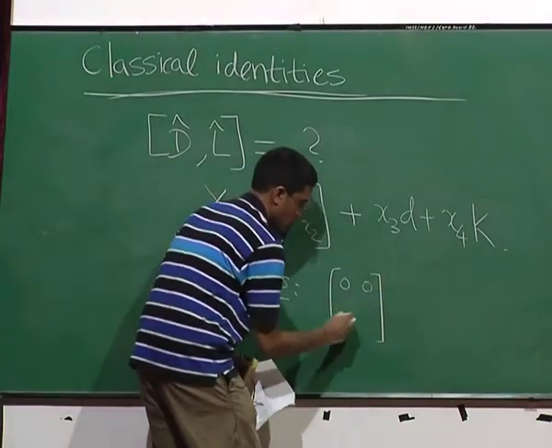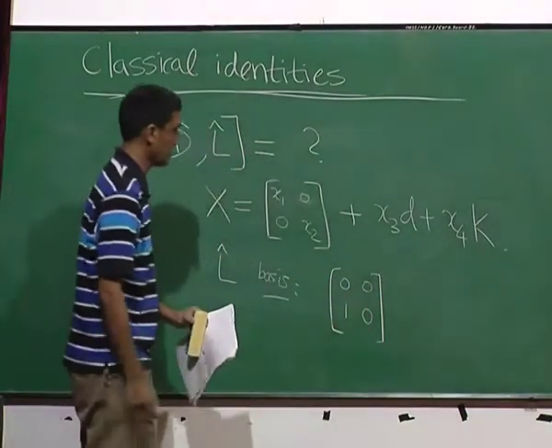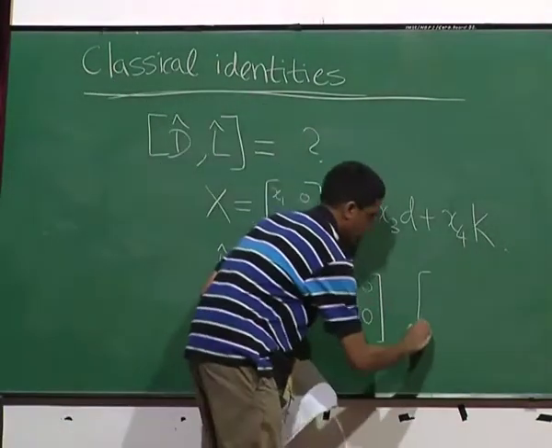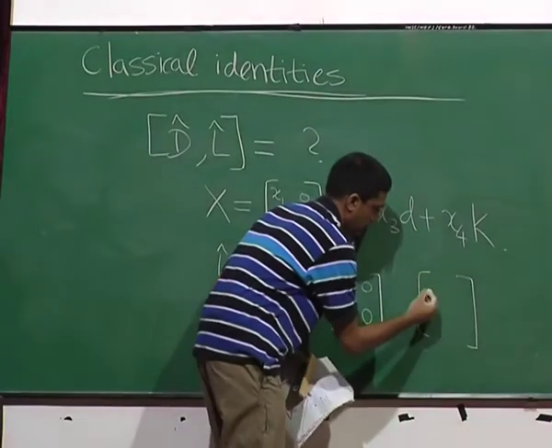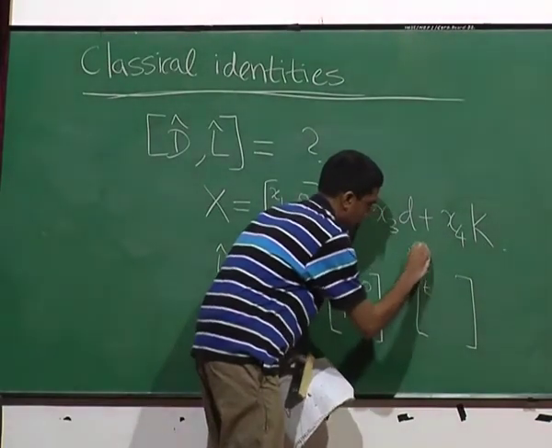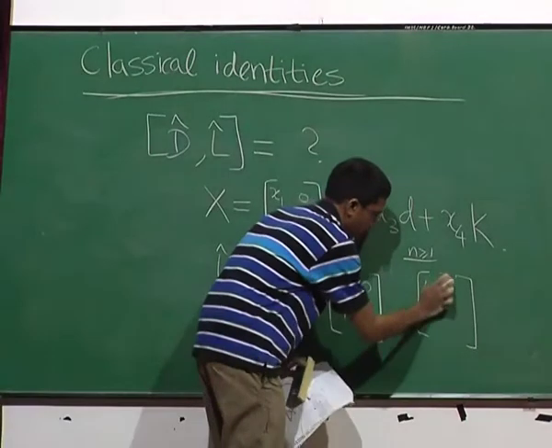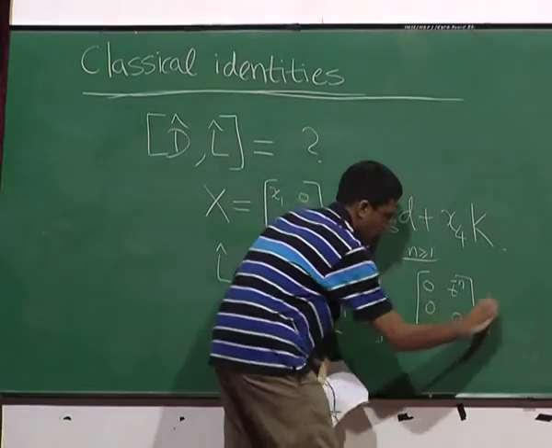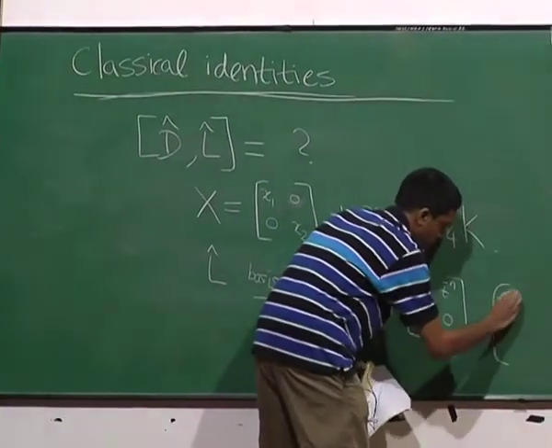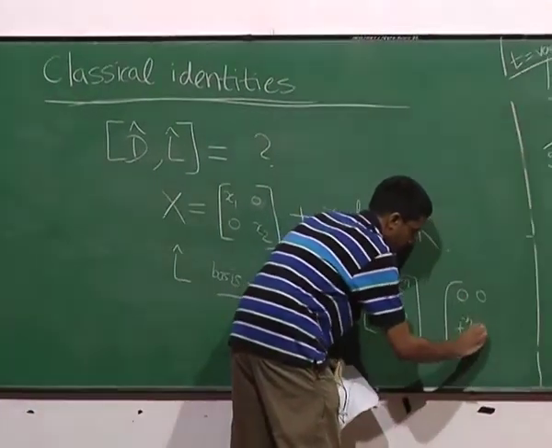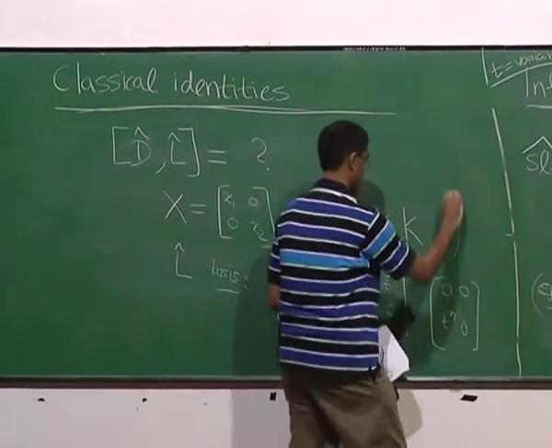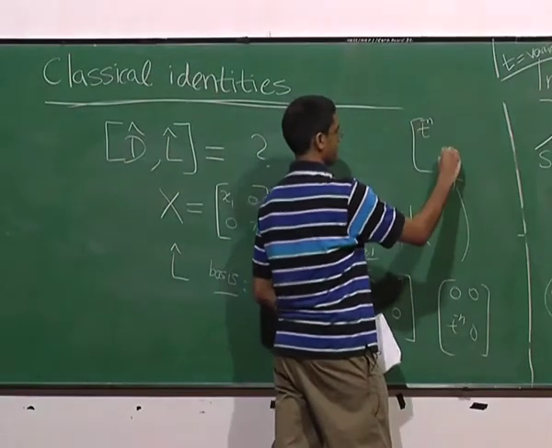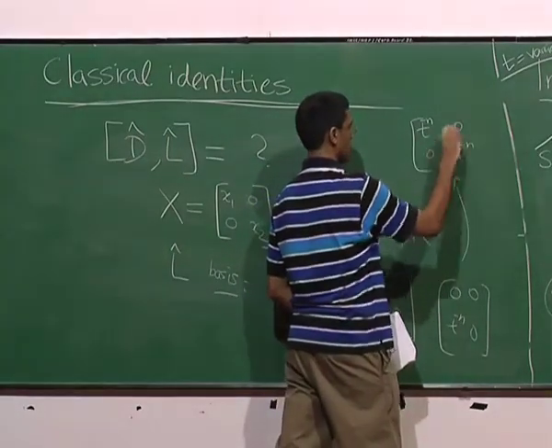You can choose 0, 0, 1, 0. That will give you a basis for the L portion, and then for L hat, you're only allowing negative powers of T. So you take any number n at least 1, and you look at, for example, 0, T to the n, T to the minus n, 0, 0, or you look at T to the minus n, minus T to the minus n, 0, 0.